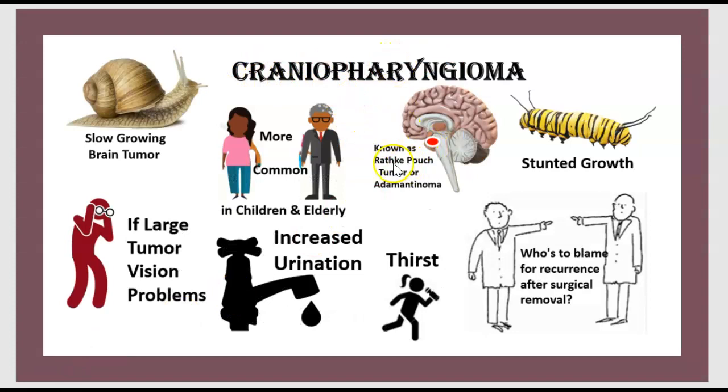Craniopharyngioma, known as Rathke pouch tumor or adamantinoma, more common in children and elderly. Slow-growing brain tumor, stunted growth, if large tumor vision problem, increased urination, thirst.